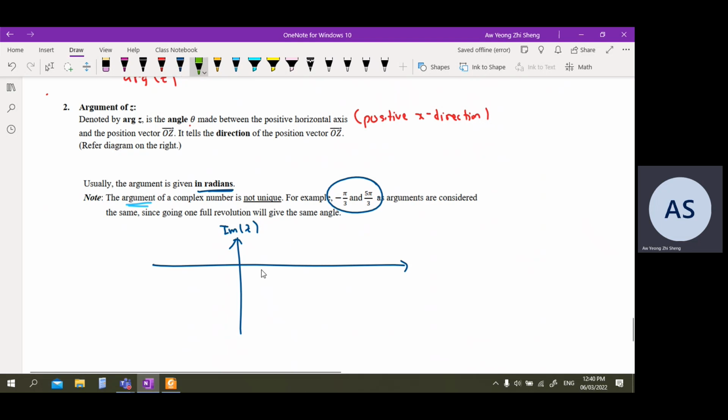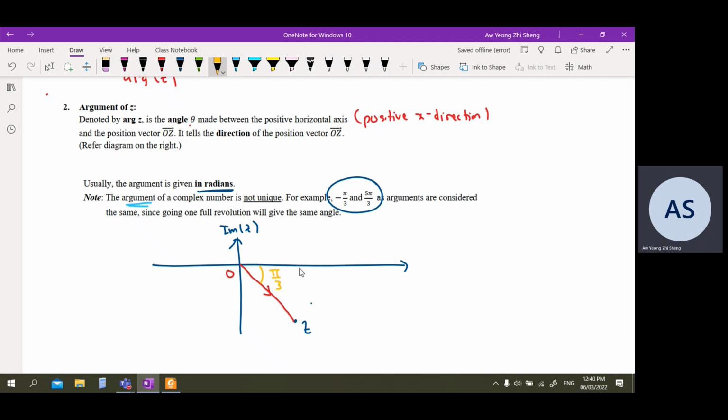So let's suppose that my point z is down here, and my red color vector pointed from O to Z is the vector representation. And let's suppose that the size of this angle is pi over 3.